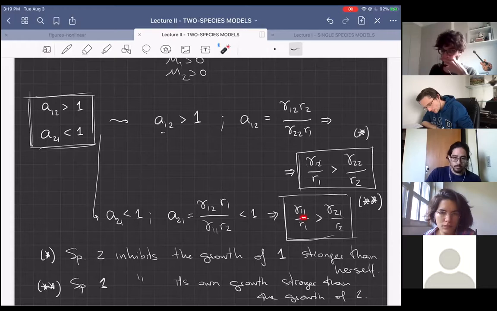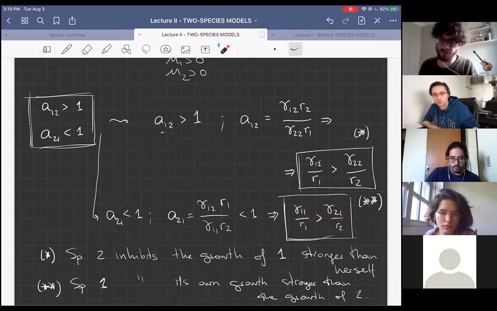Species 1 inhibits herself stronger than how she inhibits the growth of 2.